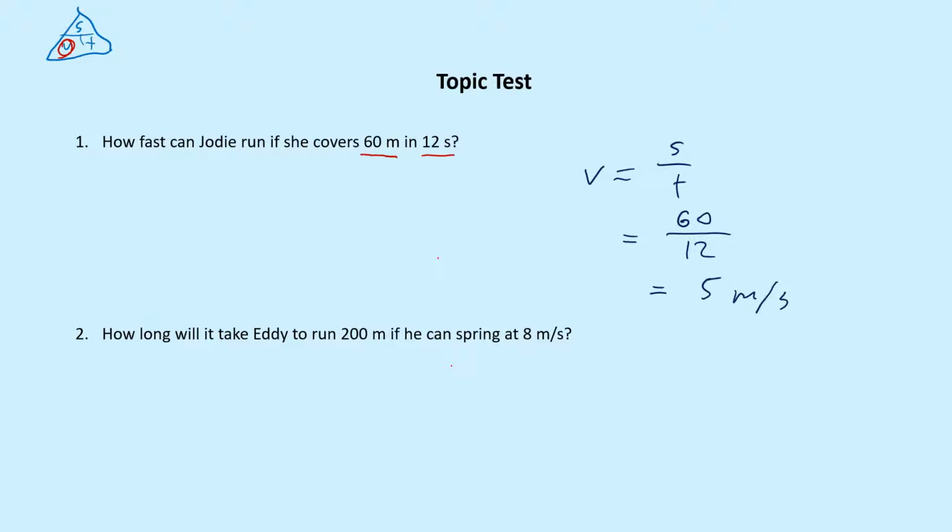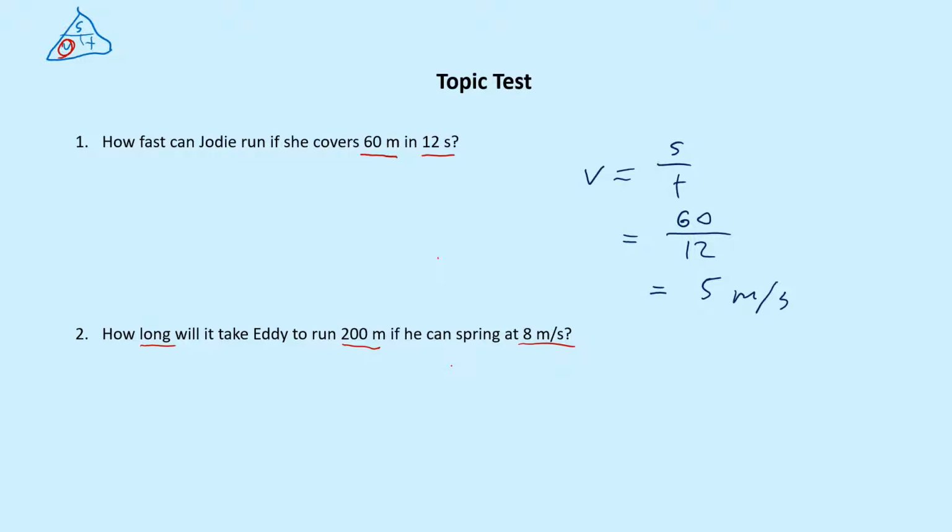And then you might look at the same little triangle to help you remember, all right, how long will it take Eddie to run 200 meters if he can sprint at 8 meters per second? So how much time will it take?